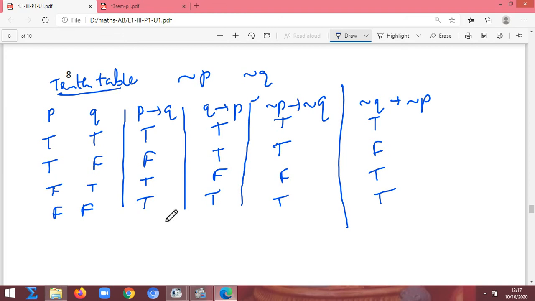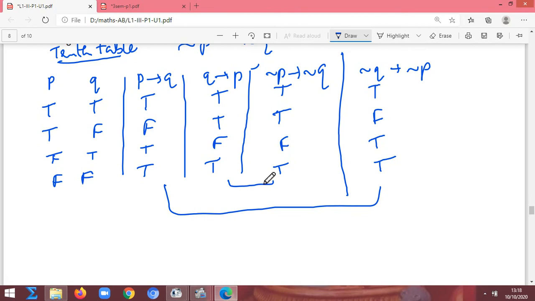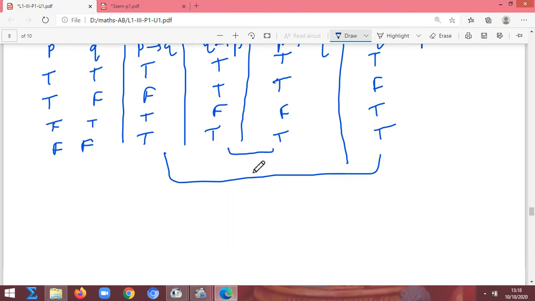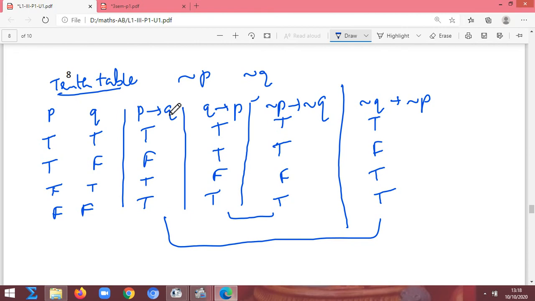So, TF, these two, okay, that is implication and contrapositive, and these two. So, they are equivalent, because P implies Q has the same truth values as contrapositive, and the converse has the same truth values as that of inverse. Okay. So, the statements having equal values are said to be equivalent statements, that we are going to see in the next class.